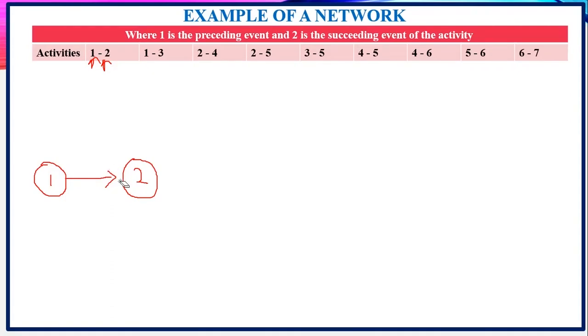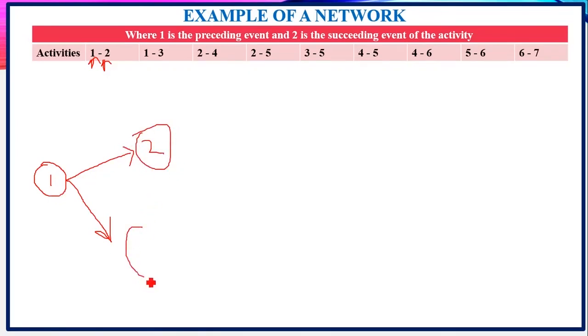So in this case, I'm going to draw it separately. Let me show you how to go about that. The first event 1 is connected to 2, and the same event is connected to 3. So I'm going to have it separated like this, so that I have 1 connected to 2, and again 1 connected to 3.